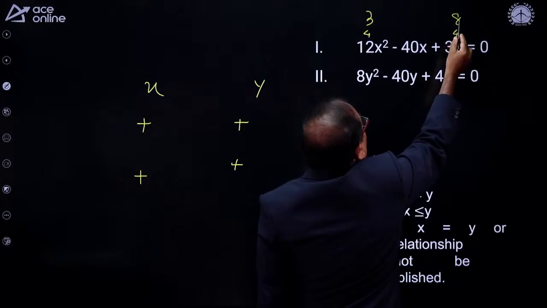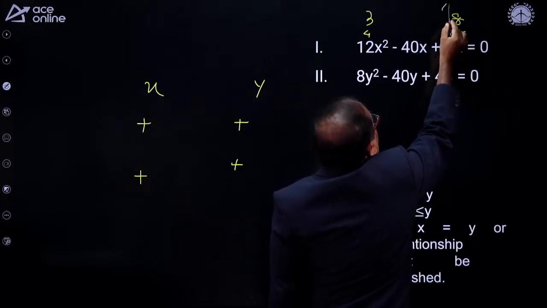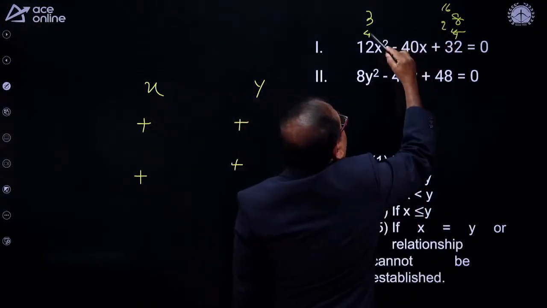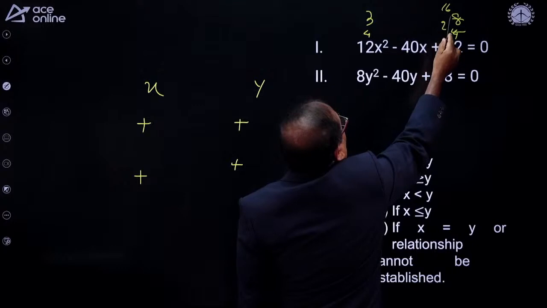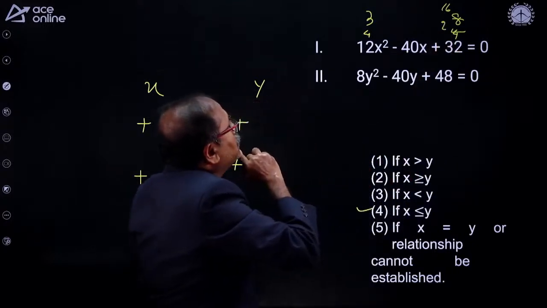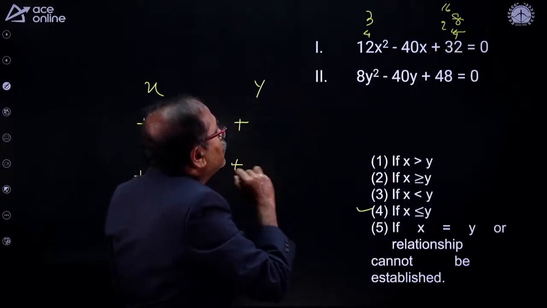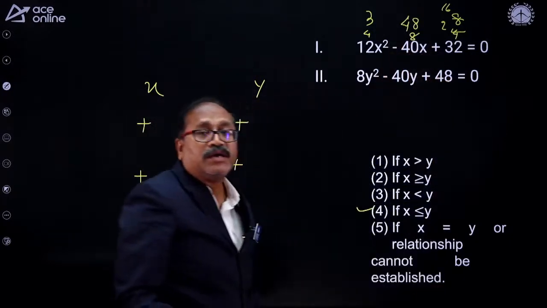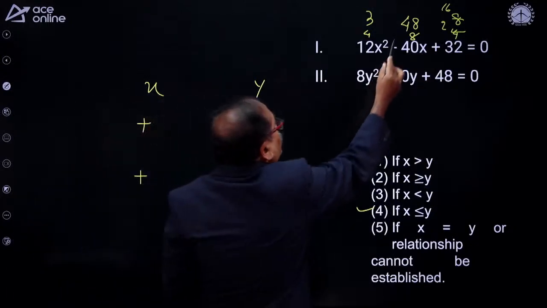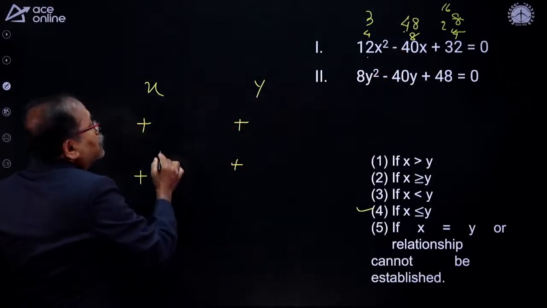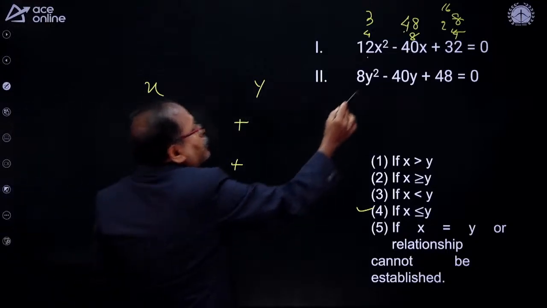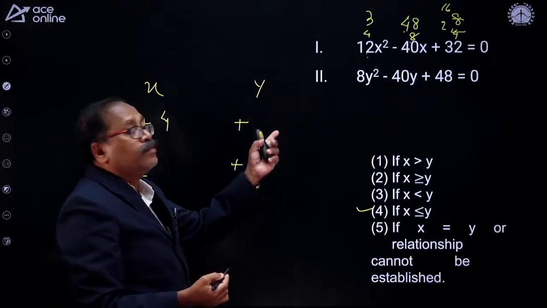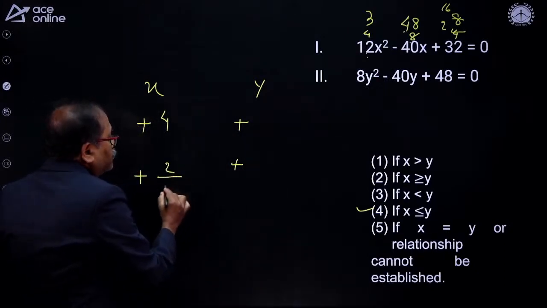Then if I take this as 16 into 2, then 16 3 is 48, and 8. That's right, I am getting 48 and 8 over here. I get 40. So that is 48 divided by 12, you will get a 4 over here, and 8 divided by 12, that is 2 by 3. So let it be 2 by 3.